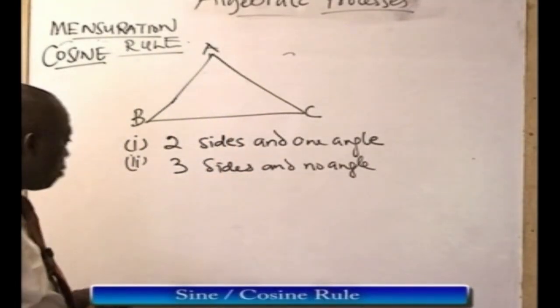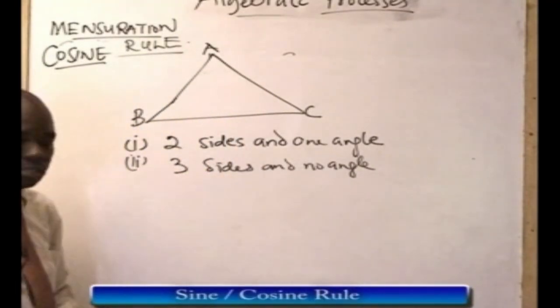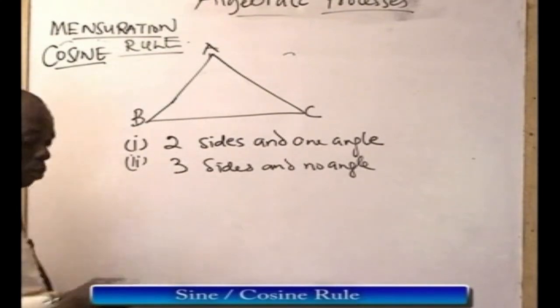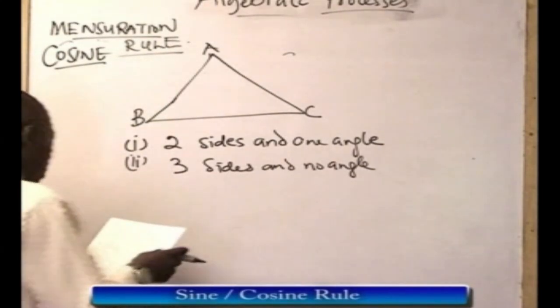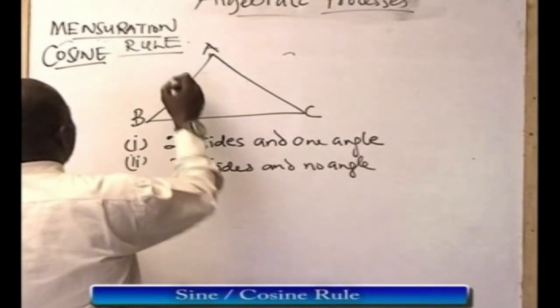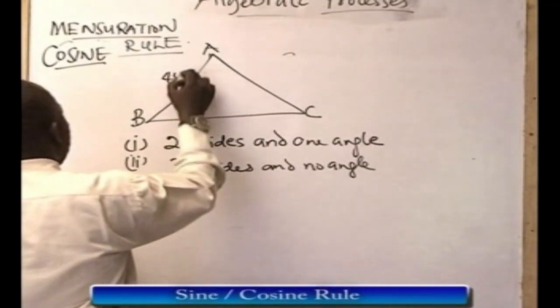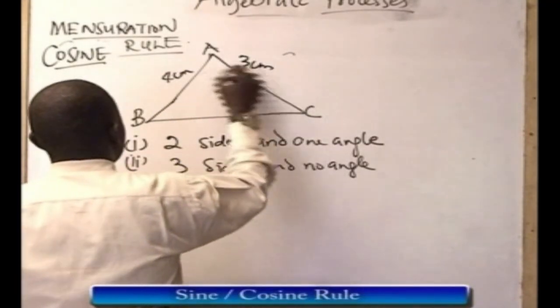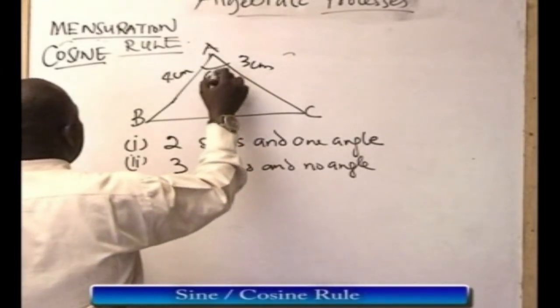When you are presented with a triangle of this format, let me write the two examples that we're going to be dealing with. This is ABC, and then you have 4 cm, 3 cm, and 60 degrees.